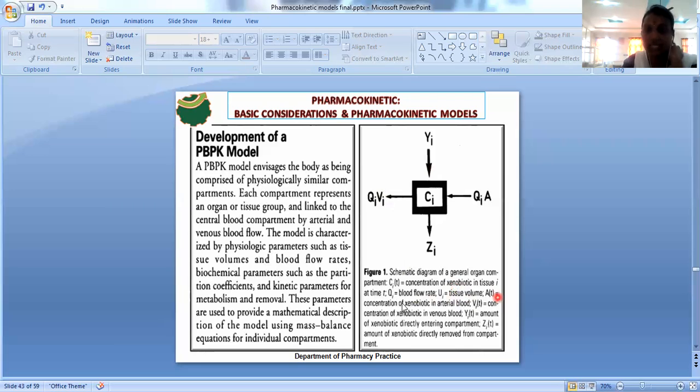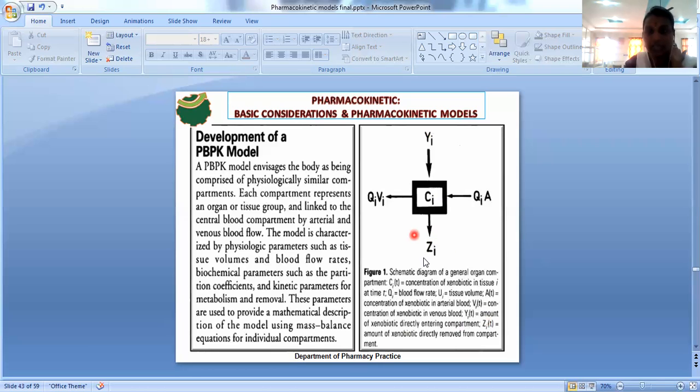And the A indicates the concentration of the drug or the xenobiotic in the arterial blood, whereas the V indicates the concentration of the drug in the venous blood. Apart from that, Y indicates the amount of the drug or xenobiotic directly entering the compartment, and Z indicates the amount of the drug that is eliminated or removed from that particular compartment.